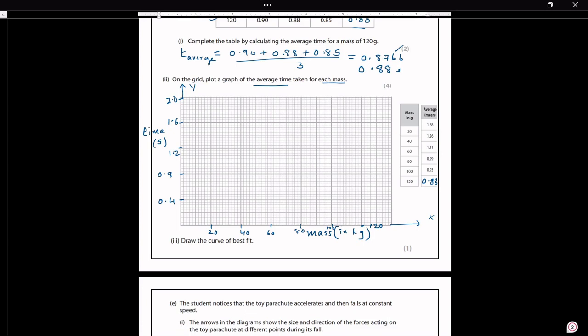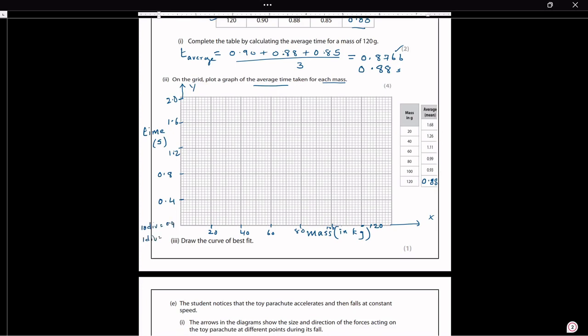Okay, so how do we find the value of one small division? Here you can see from 0.8 to 1.2, the value is 0.4. 0.4 is for 10 divisions. So 10 divisions is 0.4.